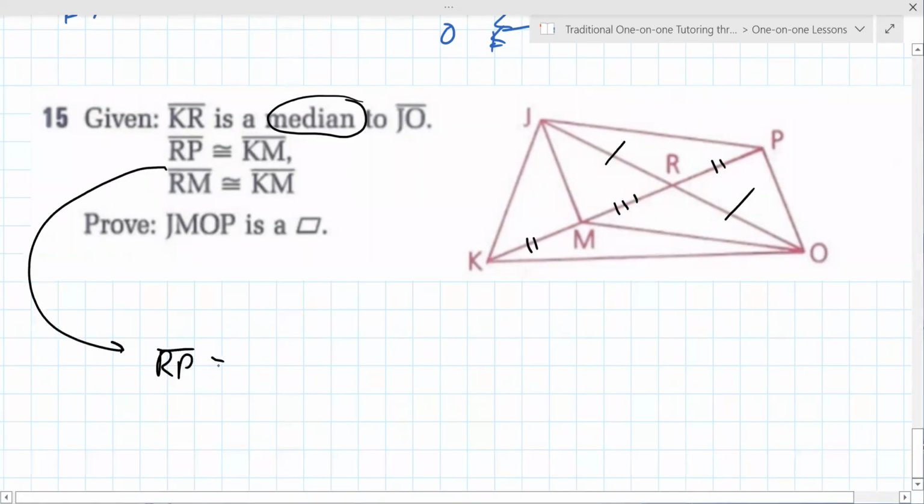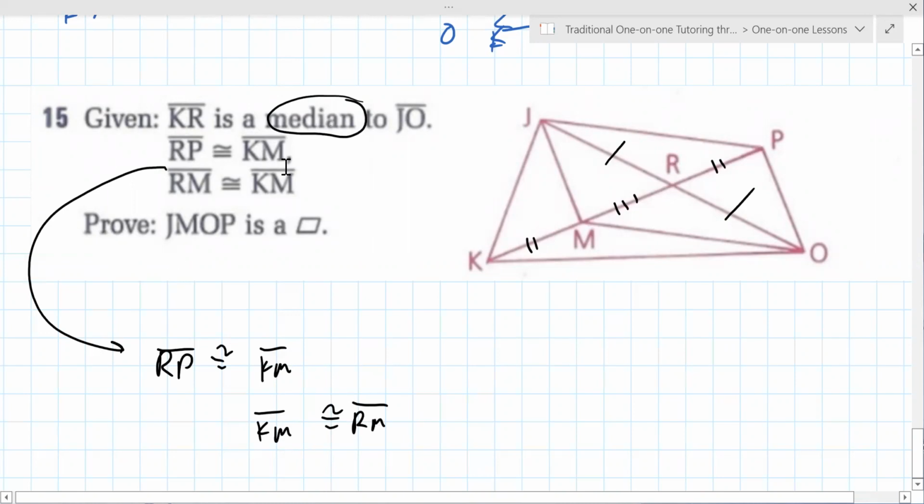If RP is congruent to KM and RM is congruent to KM, hopefully you see that they overlap and that RP is congruent to RM. That's one of the things we're going to use. So basically all of these segments are congruent.